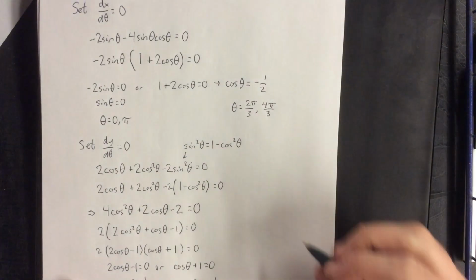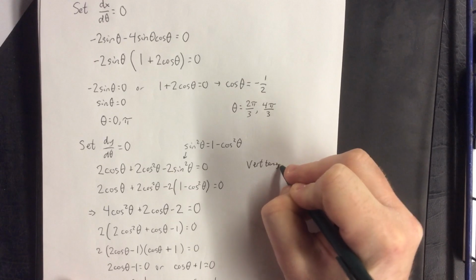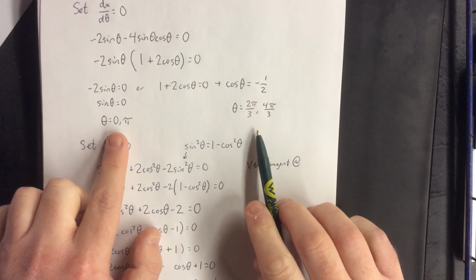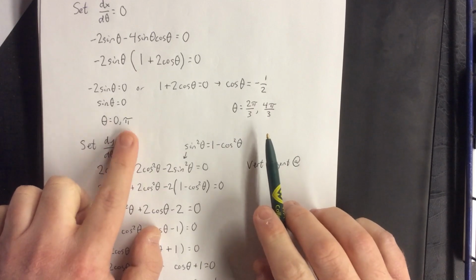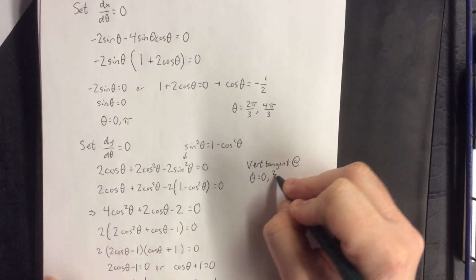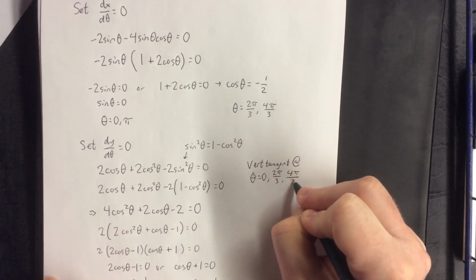So, to interpret all of these values, we are going to see a vertical tangent at all of the theta values where dx d theta was equal to 0 except for pi. So this will be at theta equals 0, at 2 pi over 3, and at 4 pi over 3.